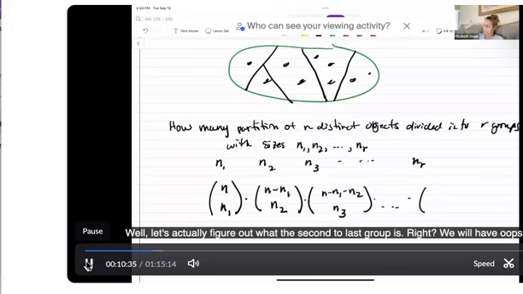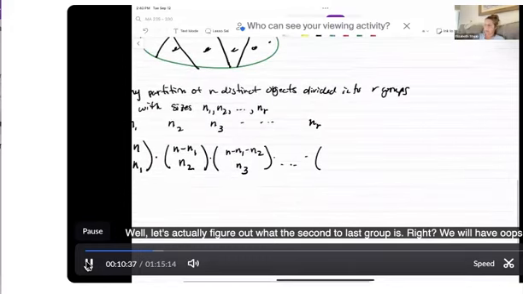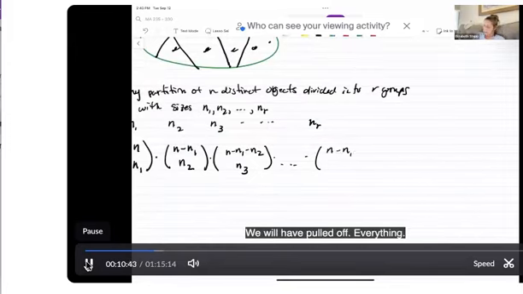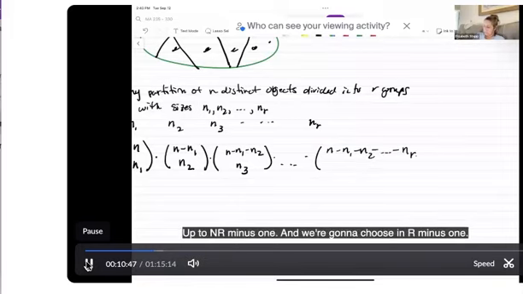Well, let's actually figure out what the second to last group is, right? We will have pulled off everything up to n sub r minus 1, and we're going to choose n sub r minus 1.